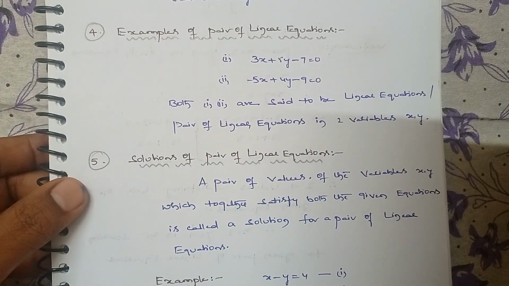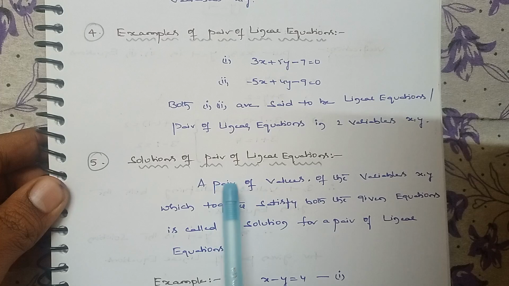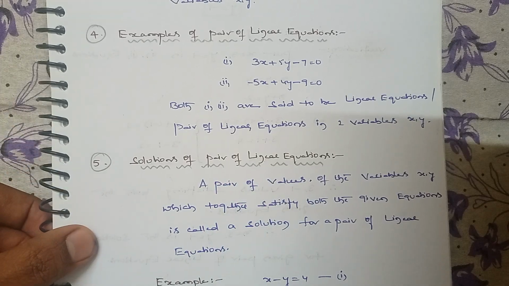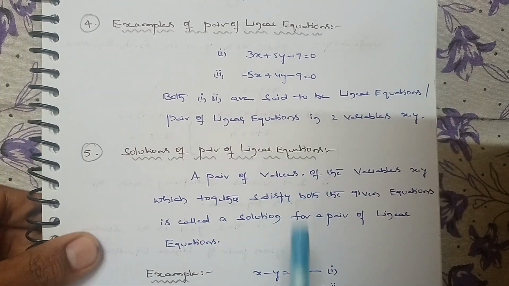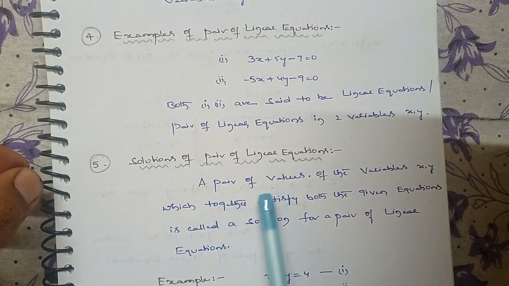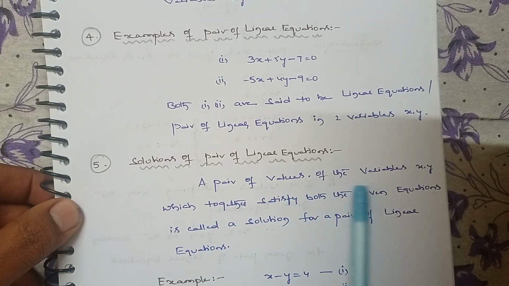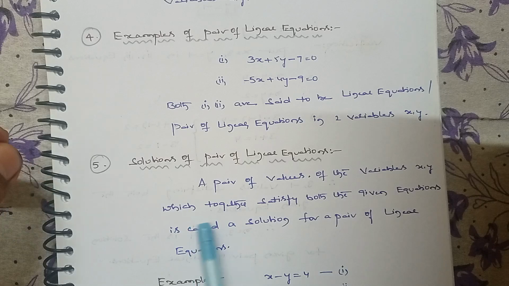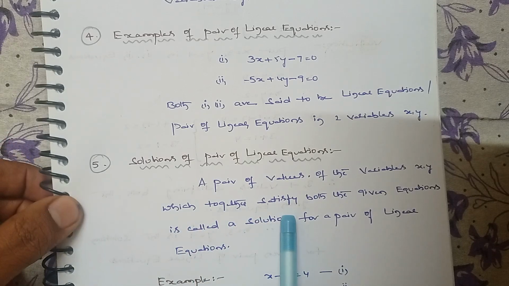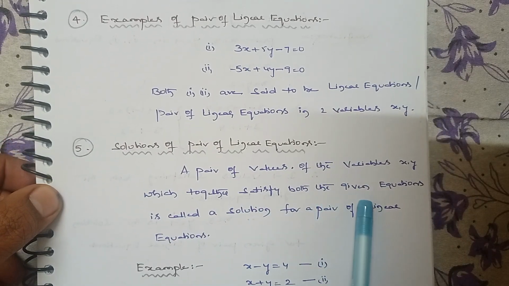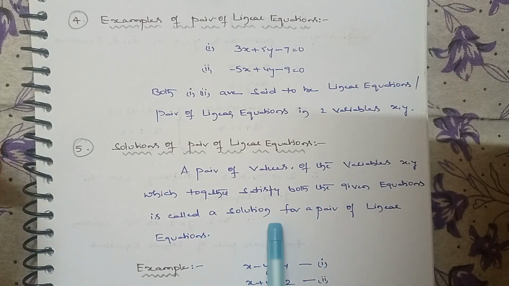Now coming to solutions of pair of linear equations, guys. A pair of values of the variables x comma y which together satisfy both the equations is called a solution for the pair of linear equations.